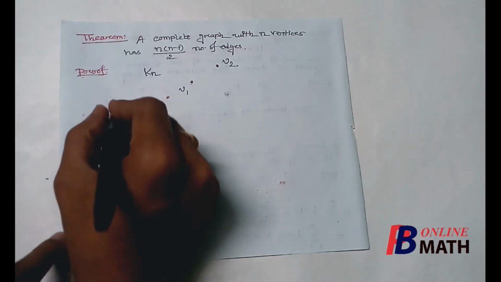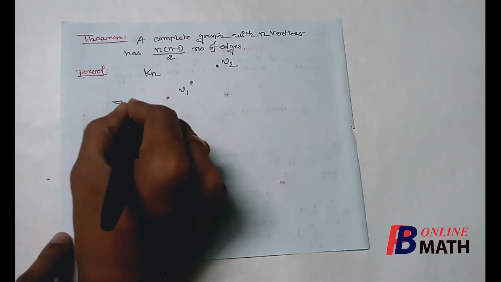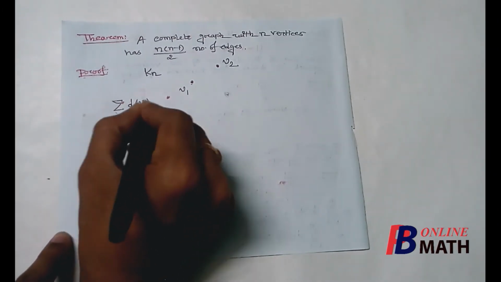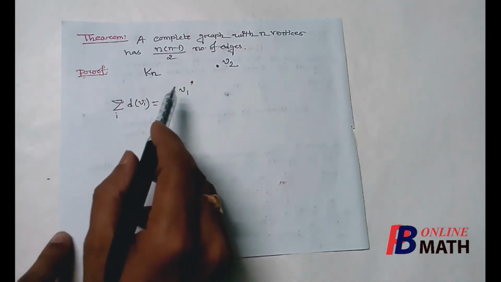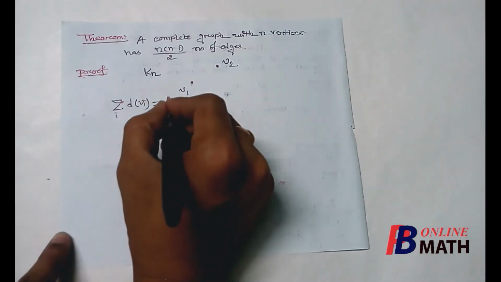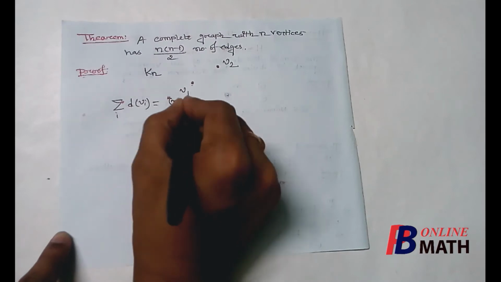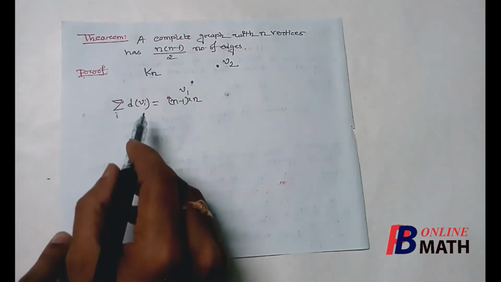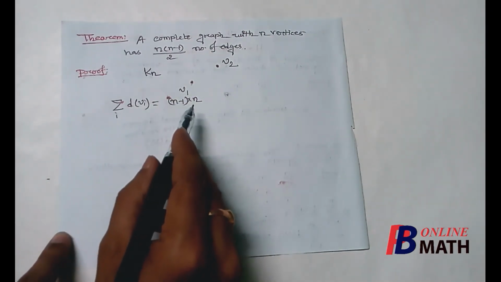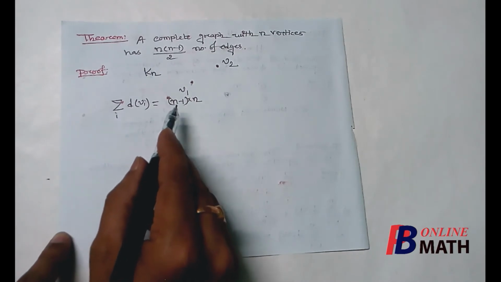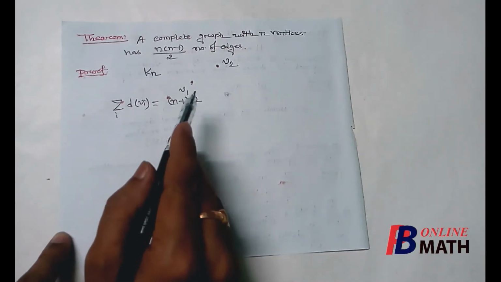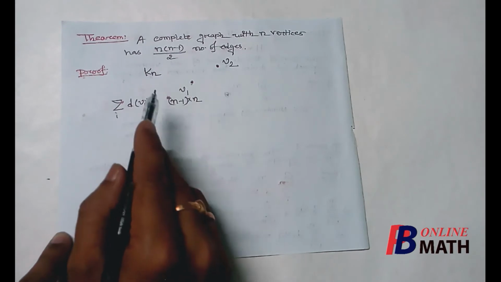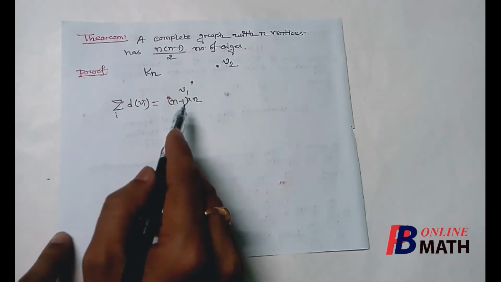So the sum of the degrees, summation of d(vi), that means the sum of the degrees of the vertices, will be equal to n minus 1 multiplied by n, because there are exactly n vertices, each having the degree n minus 1. So the sum of the degrees of the vertices of the graph is n into n minus 1.